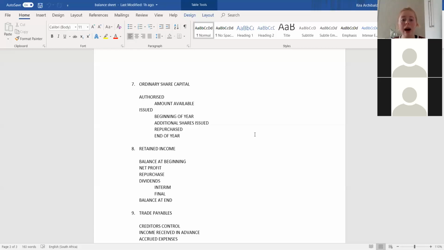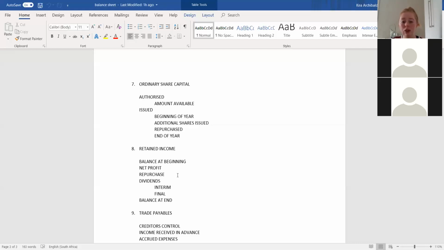So say now I have repurchased at 7 Rand per share, but my average is 5.7 Rand, so 5 Rand and 70 cents per share. The difference, the 1 Rand and 30 cents per share, is going to go into my retained income in this repurchase here. That is going to decrease my retained income because I'm paying more than what it was worth. So it's a negative thing for the business. They have to pay for more than what the people invested.